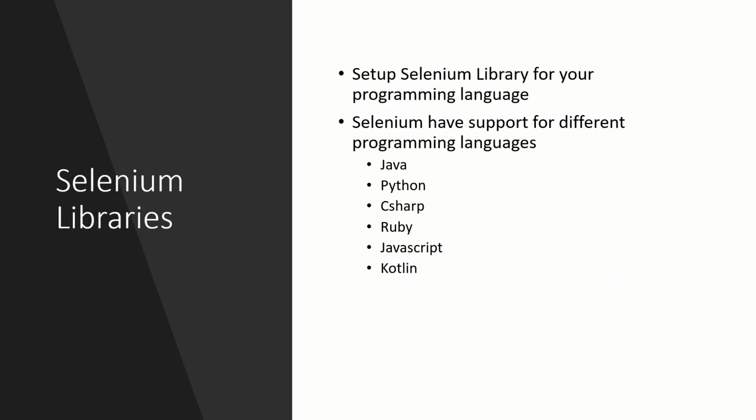Selenium libraries. In order to set up the Selenium library for your programming language, there is support for different programming languages like Java, Python, C Sharp, Ruby, JavaScript, and Kotlin. Let me show you how you can configure those programming languages.